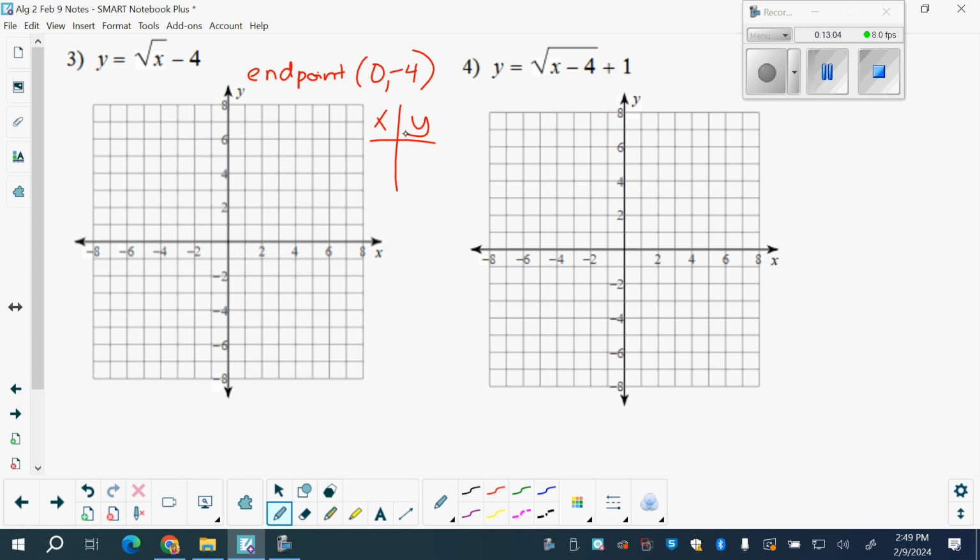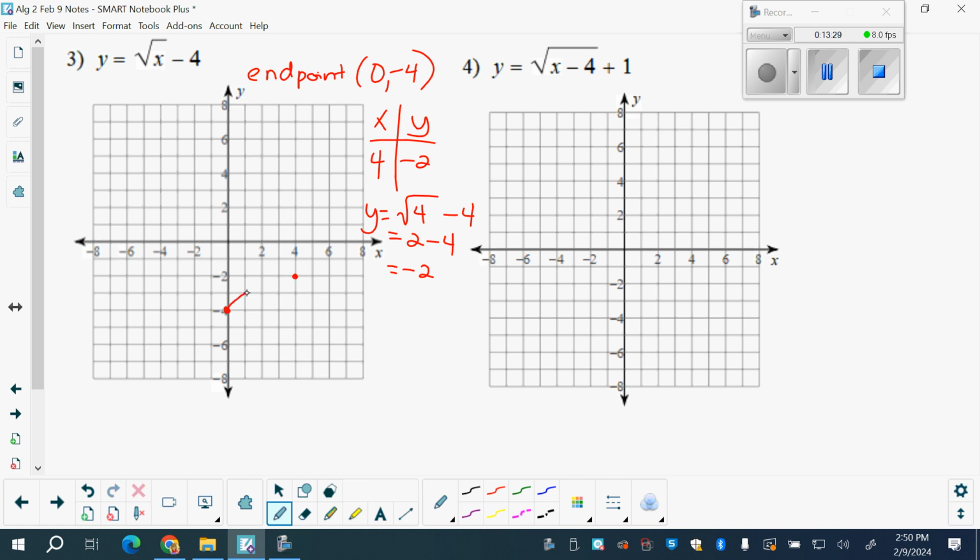Some of those don't fit on the graph though, so we're going to pick 4. So y equals square root of 4 minus 4. What's the square root of 4? 2. So 2 minus 4, which is -2. So my first point is 0, -4, and my second point is 4, -2.